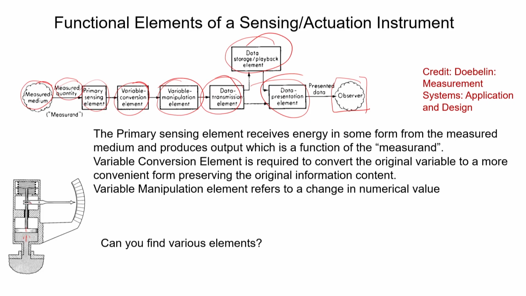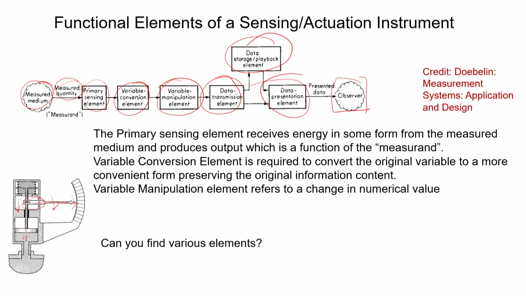You need a mechanism here that will convert this motion into a rotational motion. So you have a variable conversion element, and then you have to have a variable manipulation element. So not only is this mechanism important, but you have to manipulate it. You have to keep it up to a certain distance so that you can really see the angular displacements, etc.